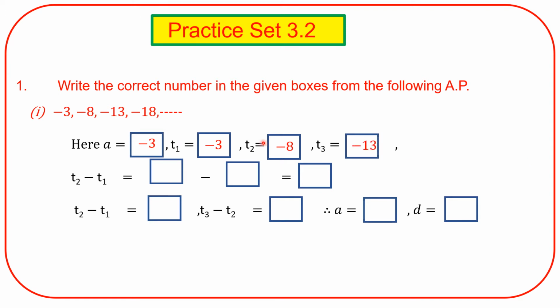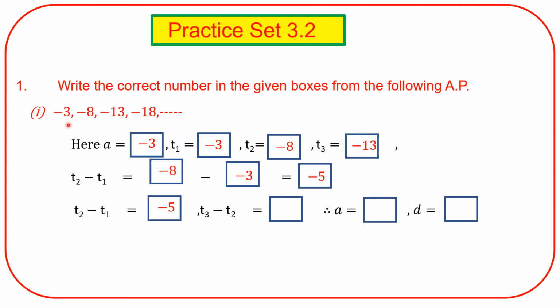T2 minus T1: in the first box, what is the answer? -8 minus -3 means -8 plus 3. The answer is -5, because minus minus becomes plus 3. Therefore, T2 minus T1 is -5.